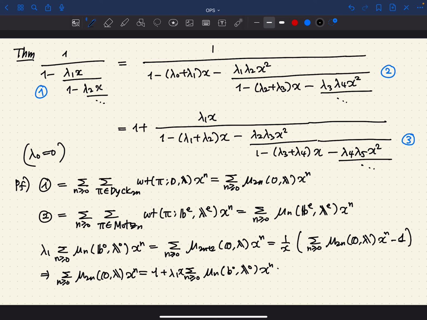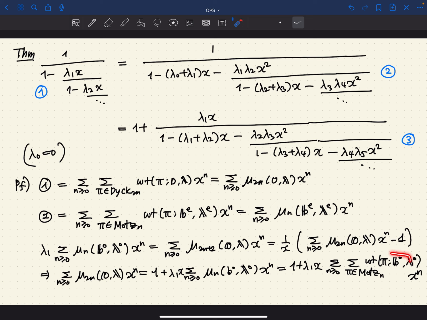But what is this? This is like Motzkin paths: 1 plus lambda 1 x times the summation over pi in the Motzkin paths, the weight of pi, b, lambda, x to the n.